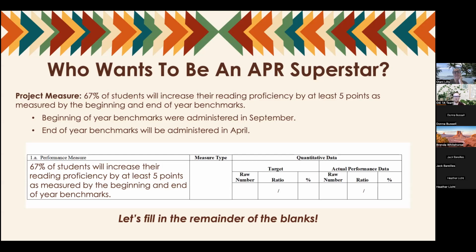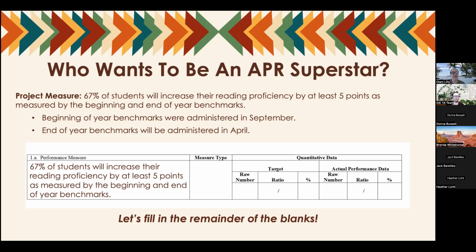What goes in the target raw number? Again, that could be your total number, what you calculate as a 67%. You could also report it as a ratio, or also report 67% as 67%.